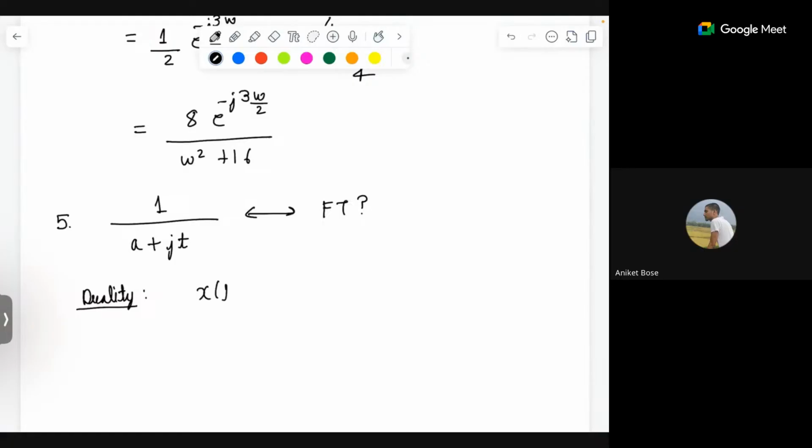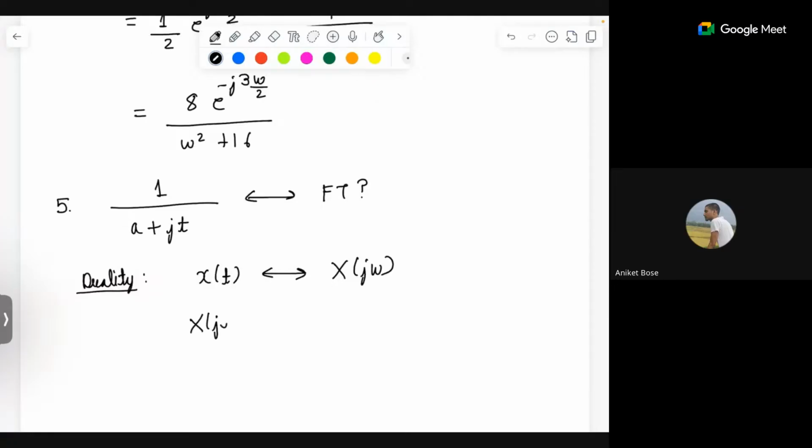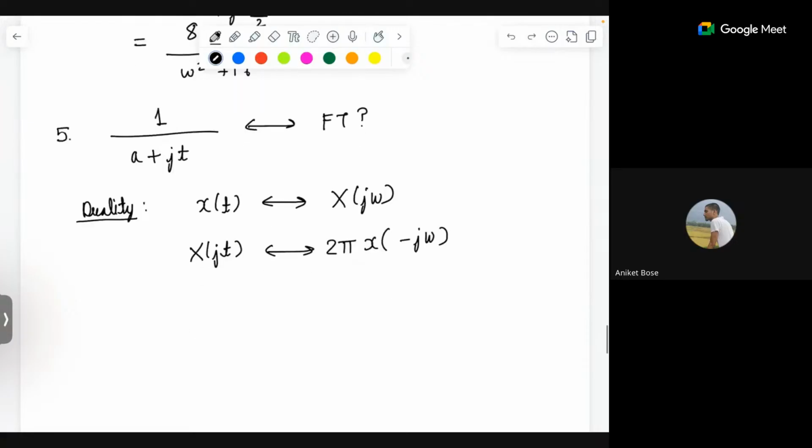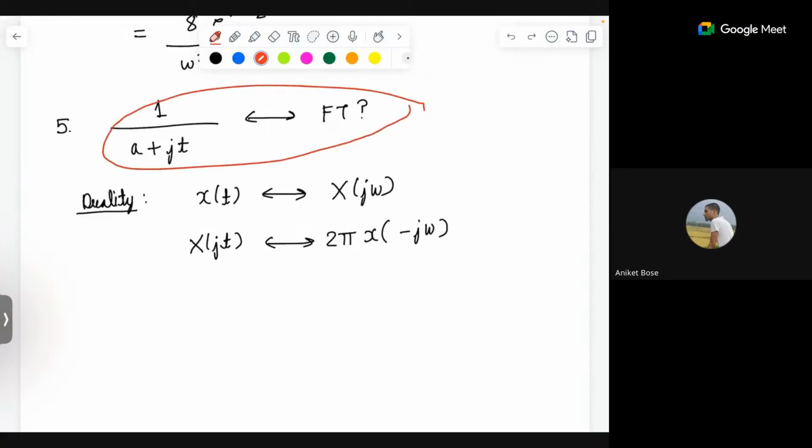So if x of t has a Fourier transform capital X of j omega, then capital X of j t, that is, in this, omega is replaced by t, what will be the Fourier transform? That will be 2 pi times small x of minus j omega, that is, in this one we will replace t by minus omega. So this is the duality property. Now tell me what will be the Fourier transform of this one. Take 3 minutes. Start solving.